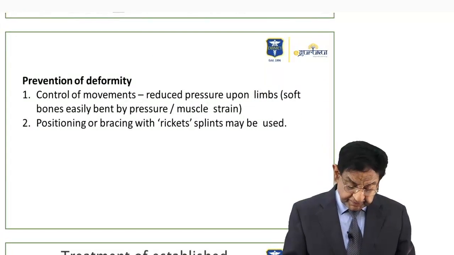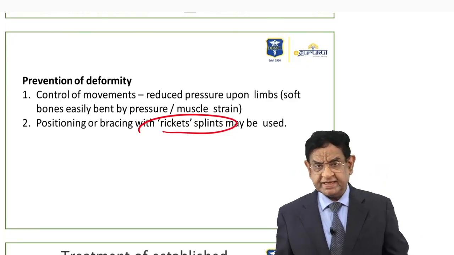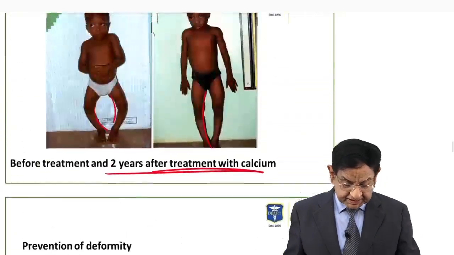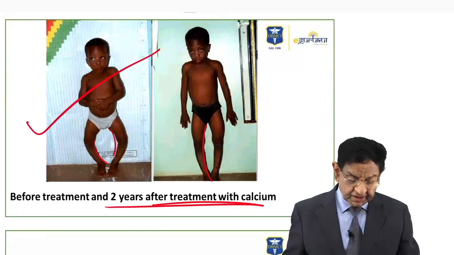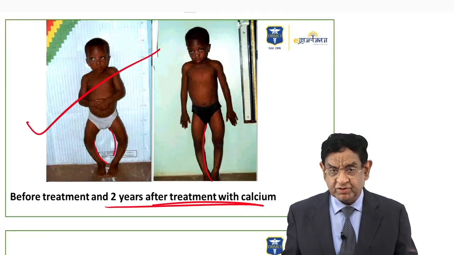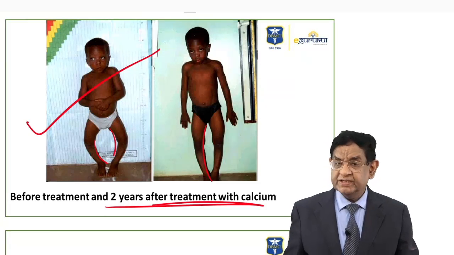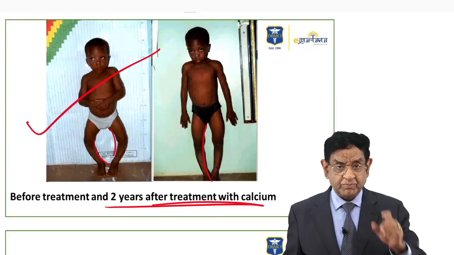Deformities we can manage by splints. Various types of splints are given to the child. Suppose this is a child to whom we started treatment, it will not become all right in 1 or 2 days. But we want to prevent deformity. We give splints so that further deformity does not occur because bones are very weak.